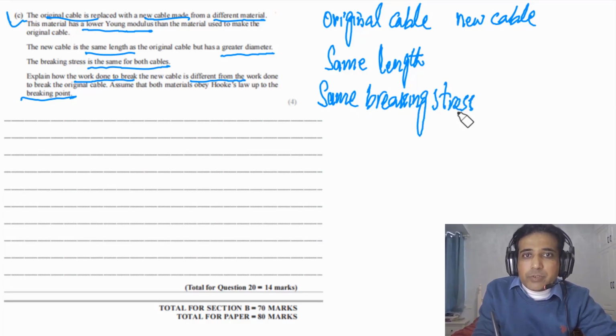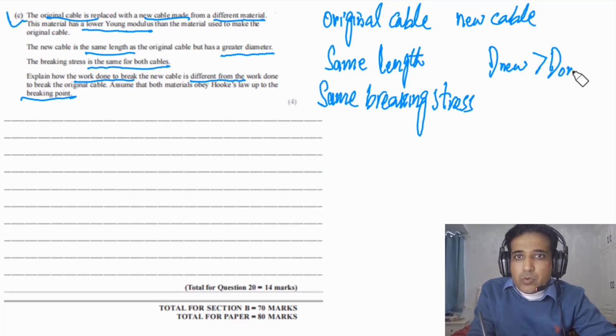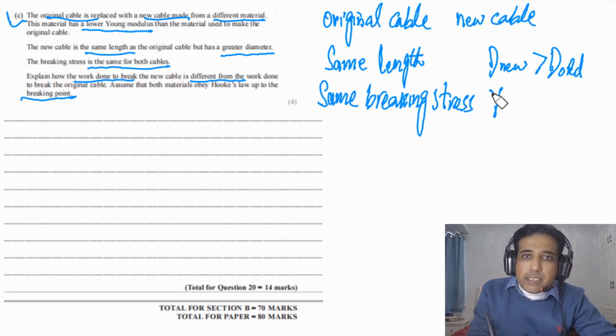So these points we can write down. For the new cable, it is given to us that the diameter of the new cable is greater than the diameter of the old cable, or we can say the original cable. But Young's modulus of the new cable is lower than Young's modulus of the old cable.